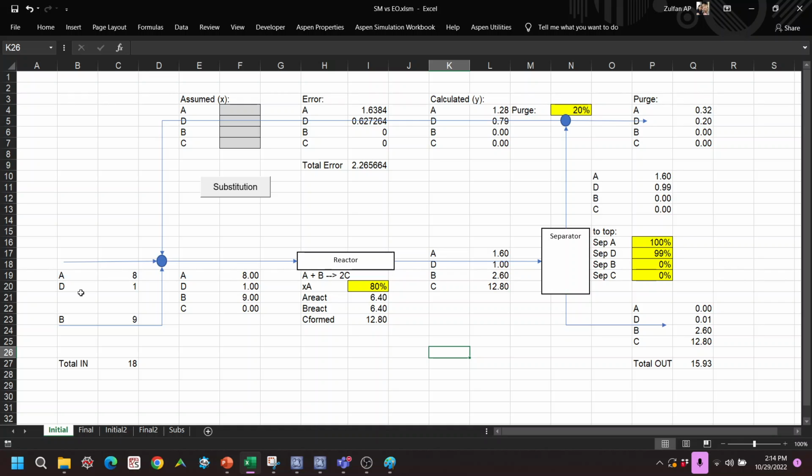To make things very simple, all components have the same molecular mass, which means it's either mole flow rate or mass flow rate, it doesn't really matter.